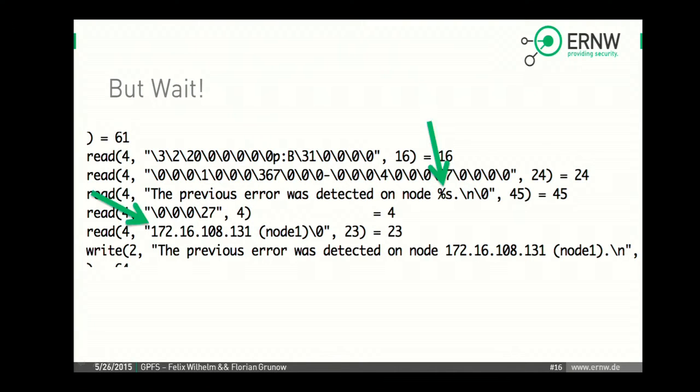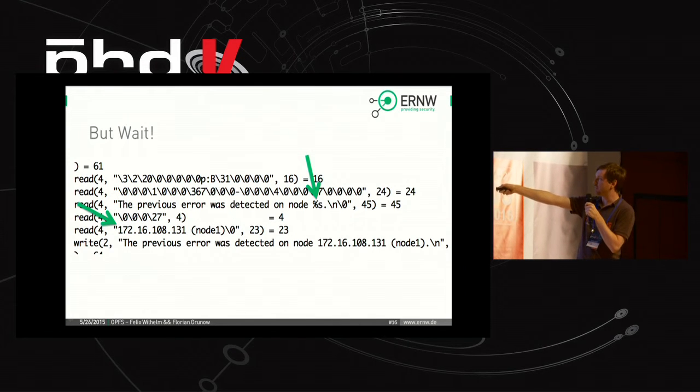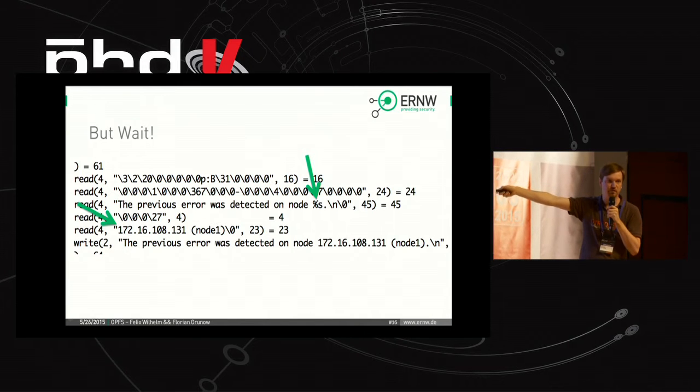What you see right here is that they're actually sending a format string over the network. So we are not getting this error message as a string over the network. We are getting an error message with a format string and the corresponding stack for this format string over the network to the binary.